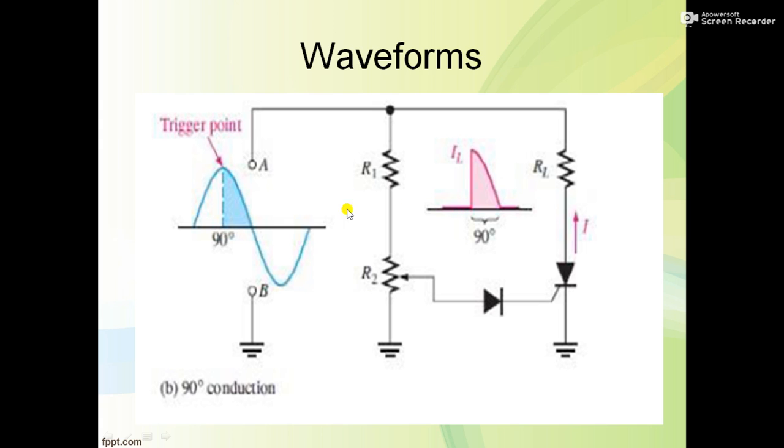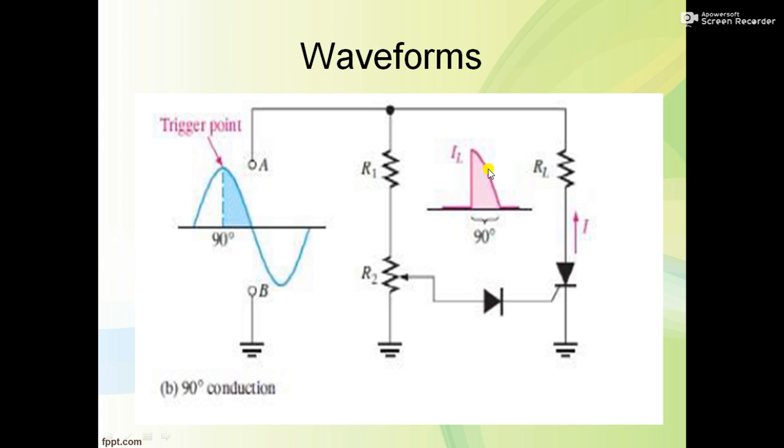That's why at the output stage we are getting only this portion, a 90-degree phase shift. This is your trigger point, and we get this type of signal with the help of this triggering circuit.